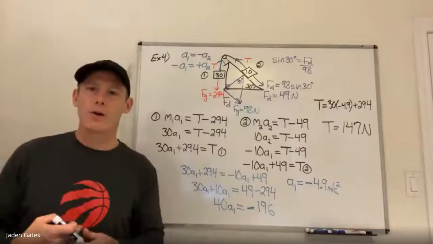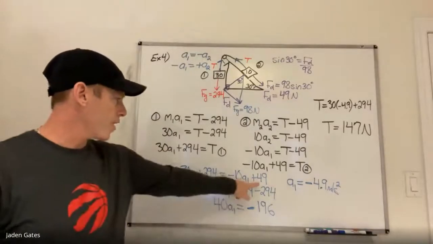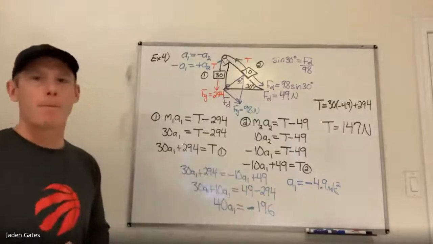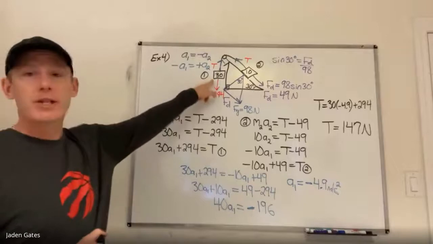I have a question. Yeah, go ahead. The 49 minus 294, is that what gives you negative 196? Yeah, negative 196, because the 49 over here was positive, and when I moved the 294 over, it became negative. Okay. And when I get a negative A1, looking at my diagram, that just means the 30 is going down.